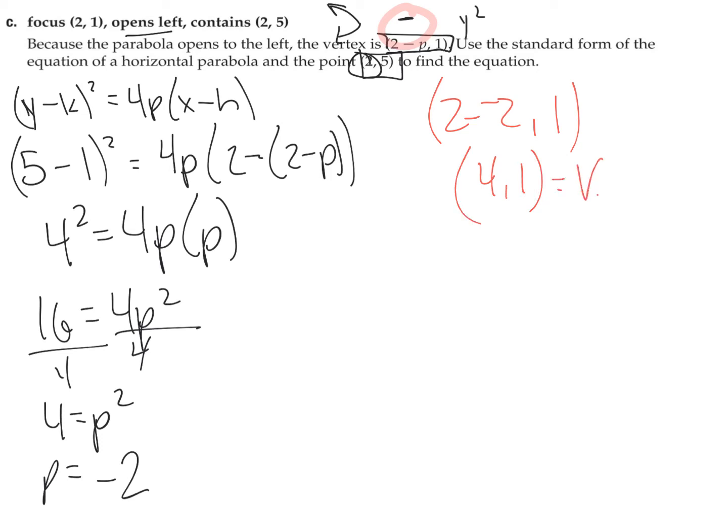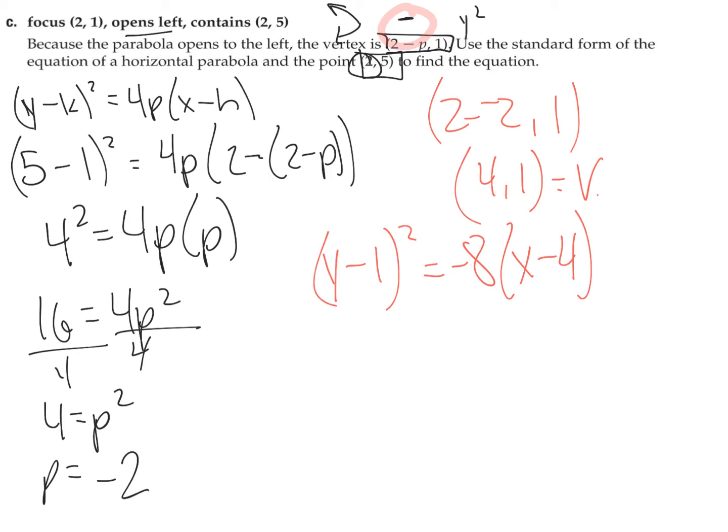And now we can go ahead and build, because we see that our equation is y minus 1 squared equals 4, and then 4p, that's actually a negative 8, times x minus 4. And that is our equation, so let's go ahead and graph.